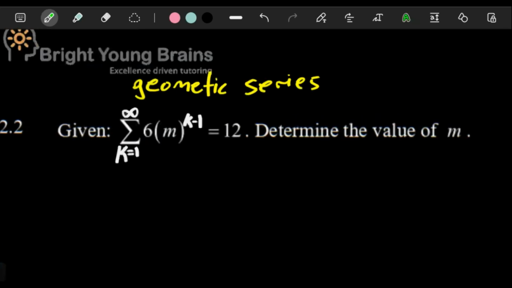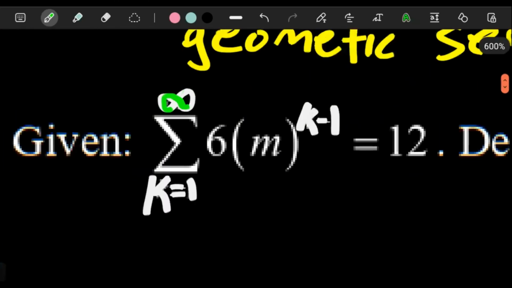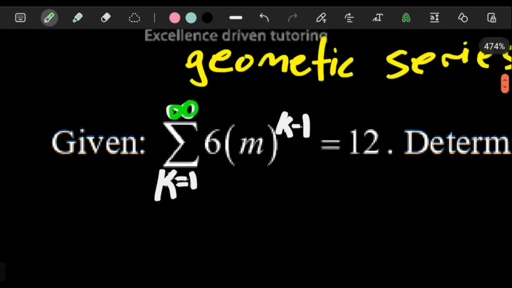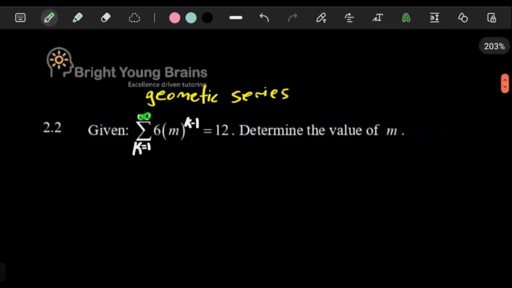Another way we could have spotted that we're dealing with the geometric series is the infinity symbol, because you only have a sum to infinity if you have a geometric series.